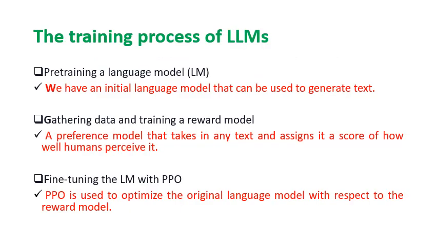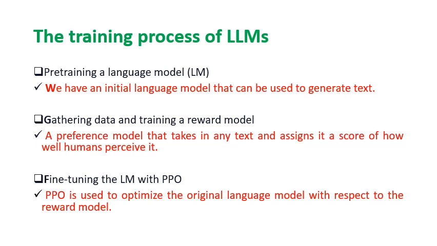Overall, the training process of a large language model has three steps. We have a pre-training step in which we pre-train a language model. We have an initial language model that can be used to generate text. Then we gather data and train a reward model, a preference model that takes in any text and assigns it a score of how well humans perceive it.